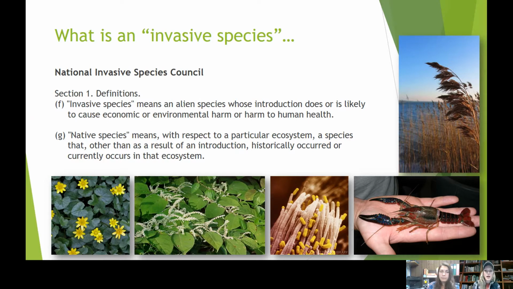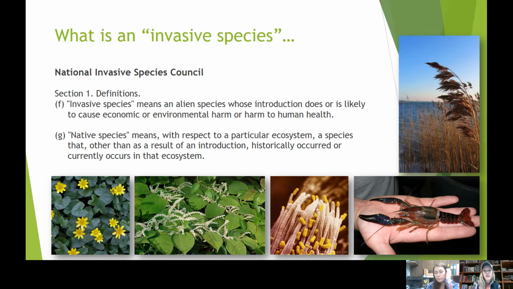So if we're talking about Wisconsin, these are species that, say, came from Eurasia or other regions of our globe, but it also includes species that are from within the United States, or say from within North America, that have been introduced outside of their native range.